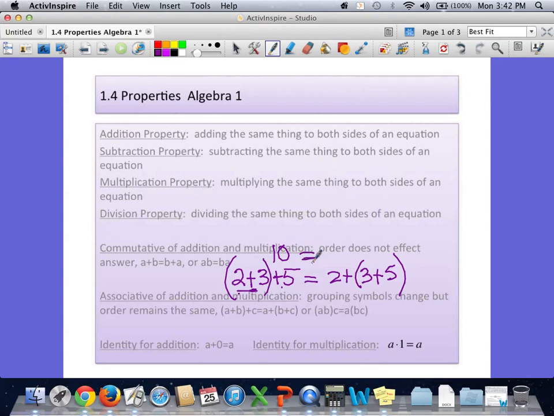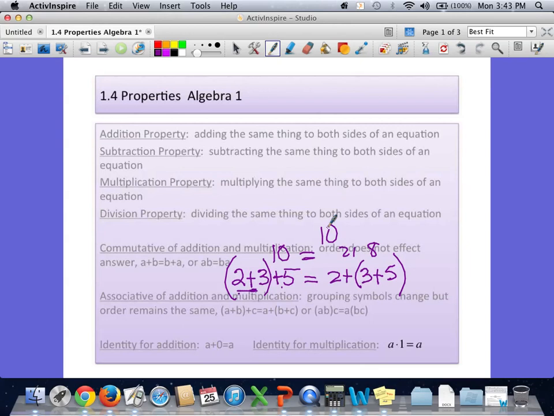And over here, 3 plus 5 is 8, plus 2, that's also 10. So 10 equals 10. Commutative means you get the same outcome. It's just grouping changed if it's associative. If it's the order changing, it's commutative.